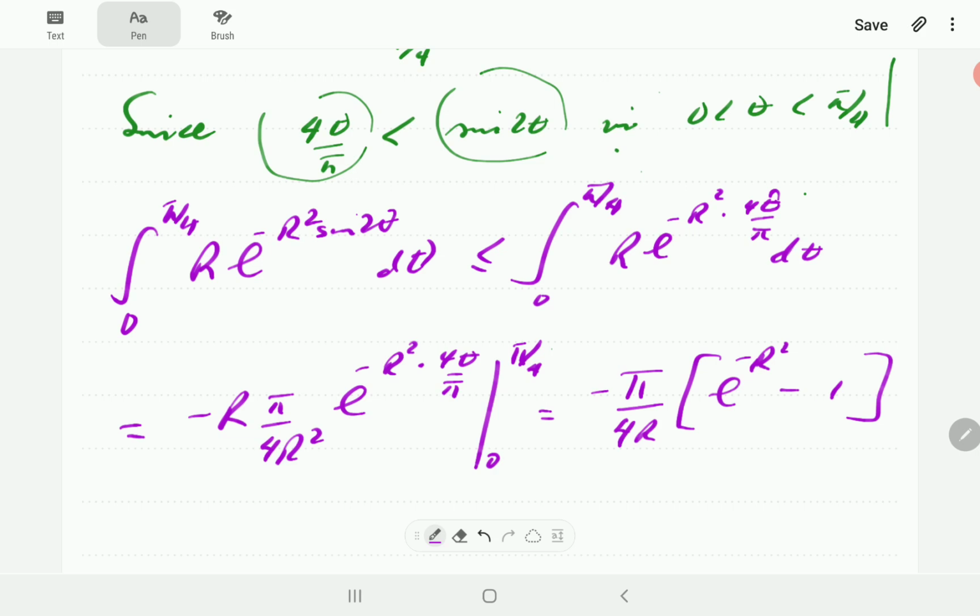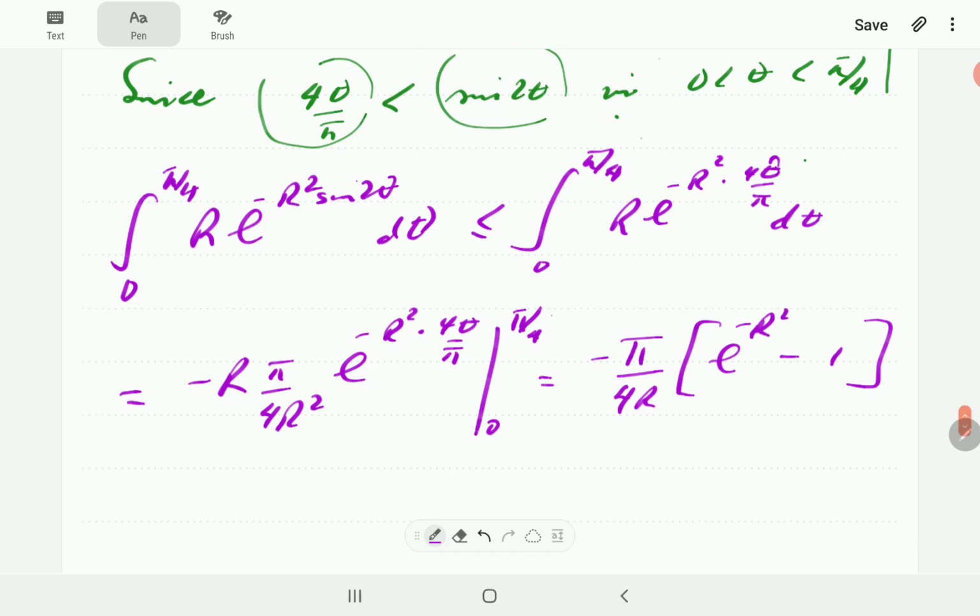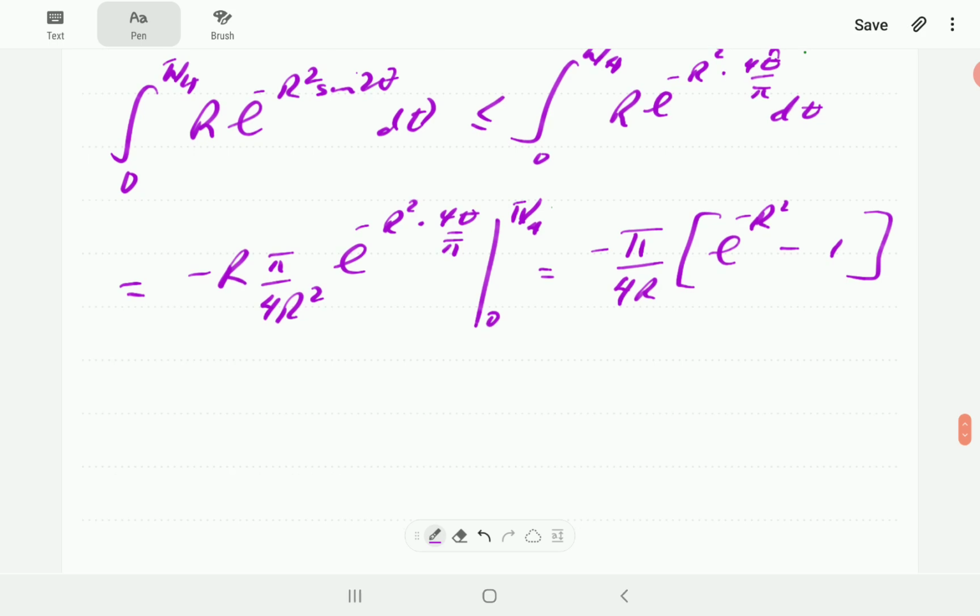Okay, now the main thing with this is that this thing is going to go to 0 as r goes to infinity.